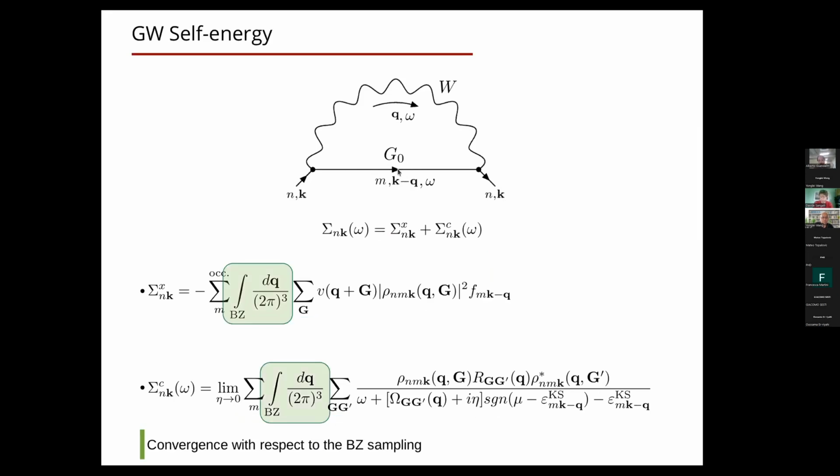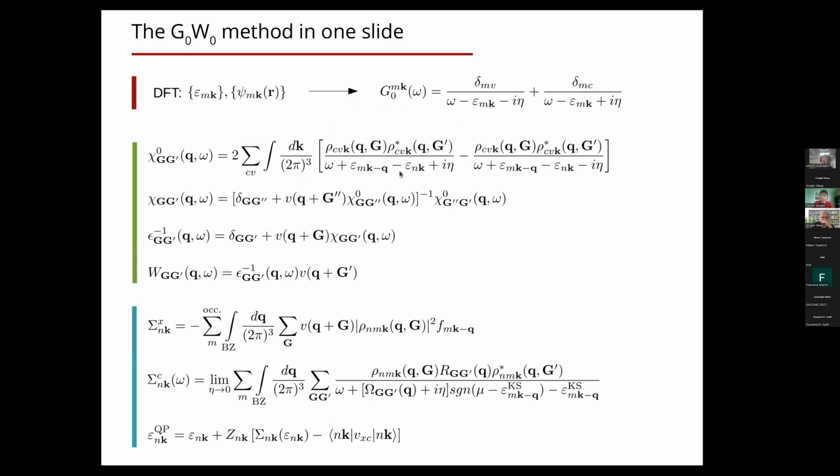Then again, we need to converge the integral over momentum transfer with a sufficiently dense k-grid. So here I show a schematic view of all the equations which are solved within Yambo, just to have a summary of the procedure.